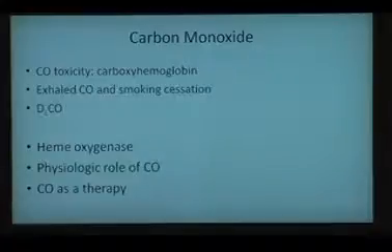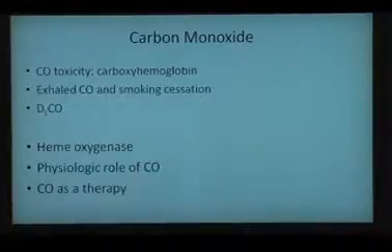So carbon monoxide, most of us think about carbon monoxide because of its toxicity, carboxyhemoglobin. And certainly that's an important consideration. Exhaled CO has been used for many years in smoking cessation programs because, as we'll see in a minute, the amount of CO that we exhale is very closely correlated to the carboxyhemoglobin.